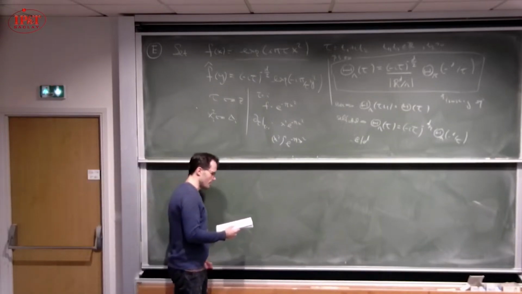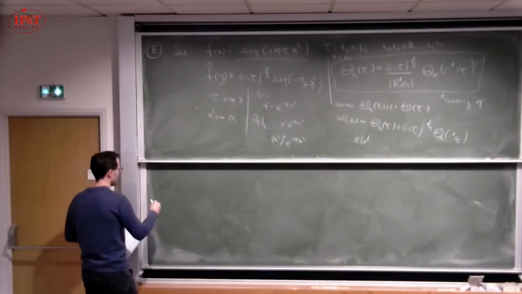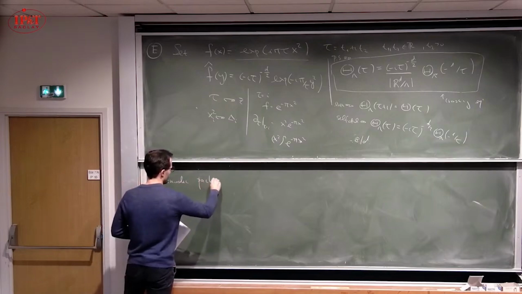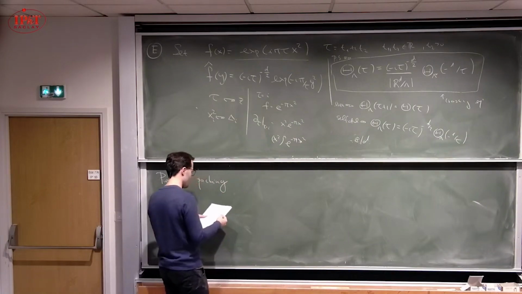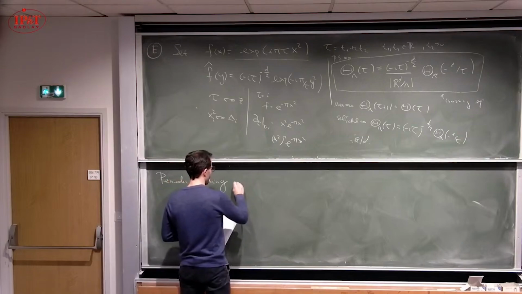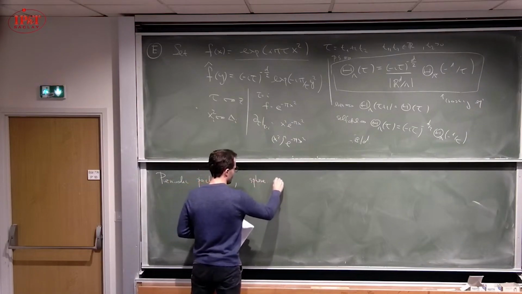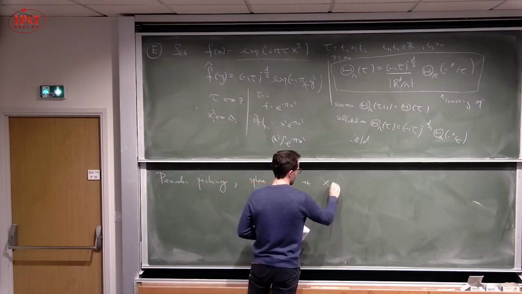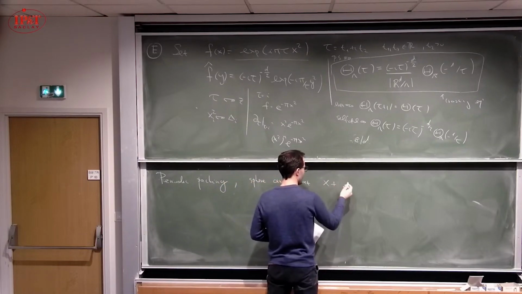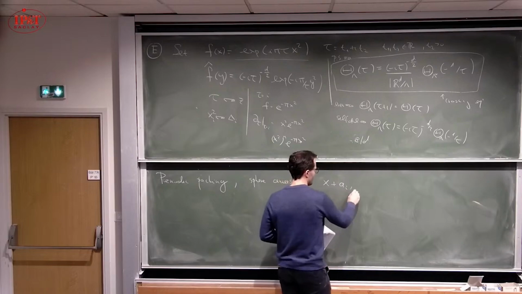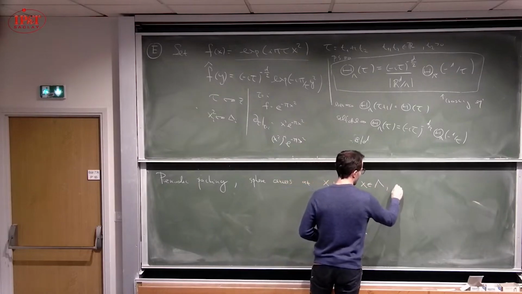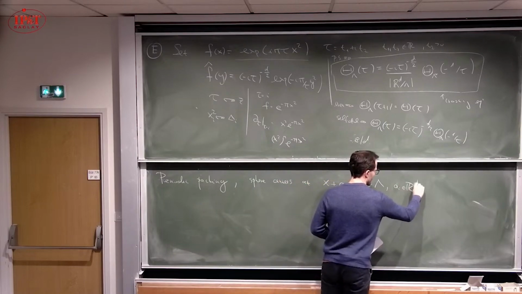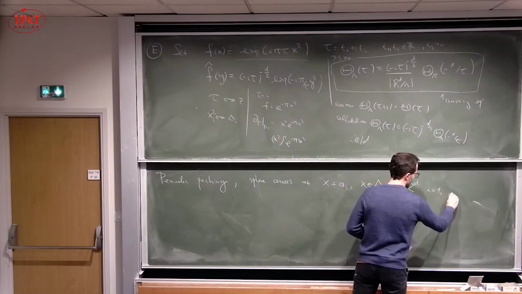Okay, so how do we get this upper bound? Suppose you have a periodic packing where the sphere centers are at points of the form x plus a_i, where x ranges over a lattice lambda, and a_i are some vectors in R^d, and i runs over some finite set from 1 to n.